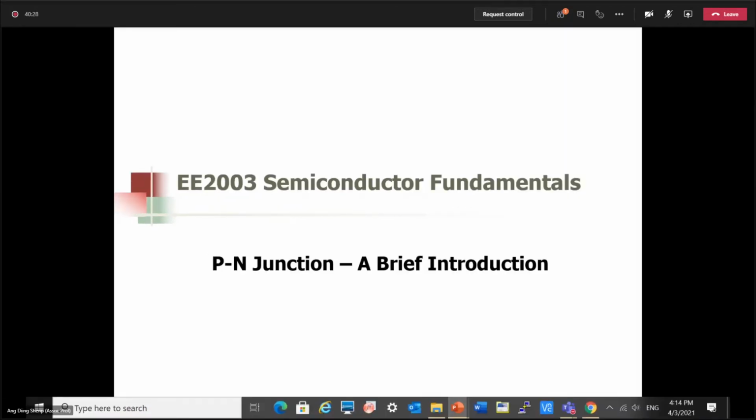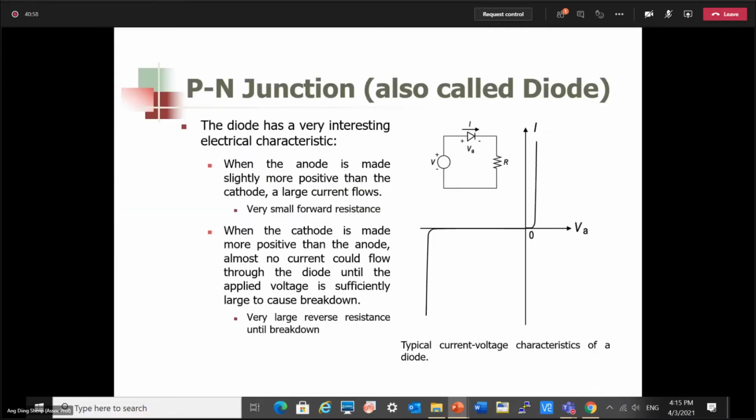In other words, V and I, the voltage and the current respectively, are linearly related, and the ratio of V over I is the resistance. A resistor allows current to flow easily in both directions. In fact, if you just reverse the polarity of the voltage applied across the resistor, the same current will flow, but in the opposite direction. However, this is not the case for a diode or the PN junction.